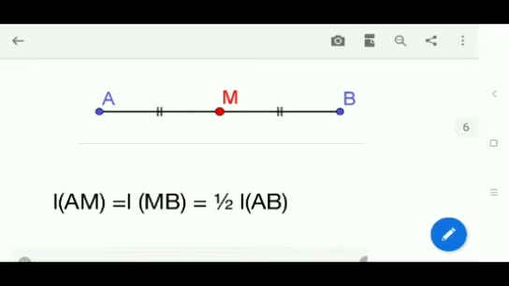If we take an example, suppose length AB is 6 centimeter, then length AM will be 3 centimeter and length MB will also be 3 centimeter. So 3 is half of 6. So this is the relation which we get from the concept of midpoint of a segment. Both the congruent parts will be equal to half the given segment.